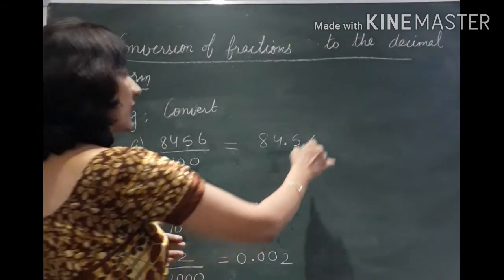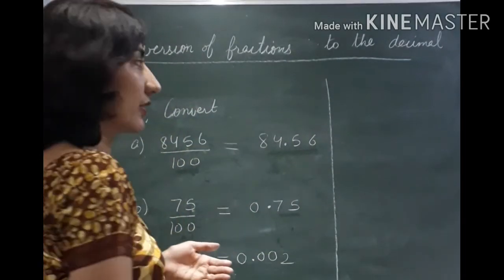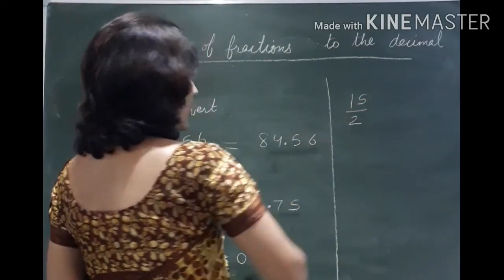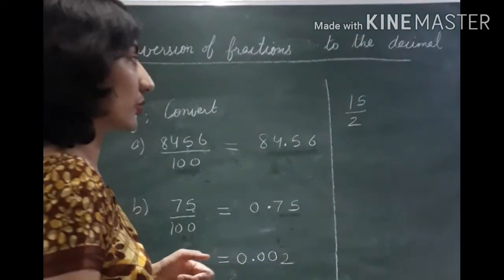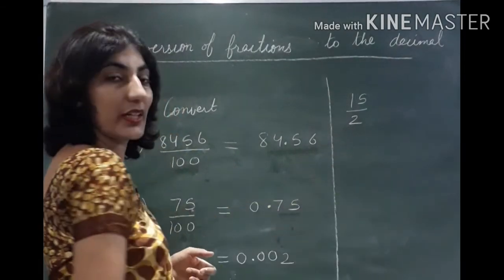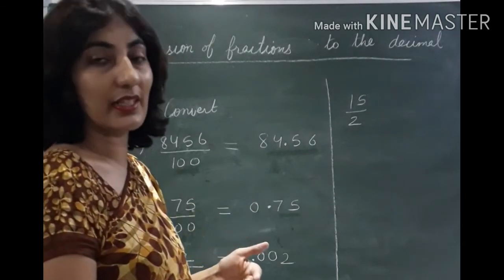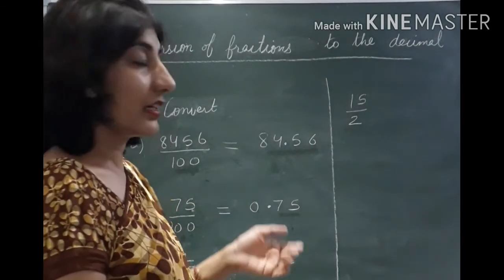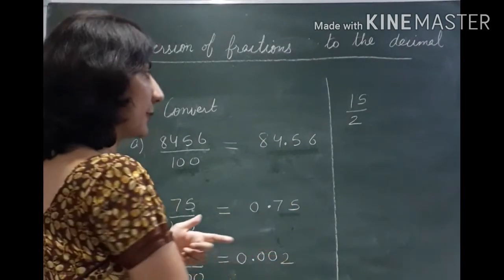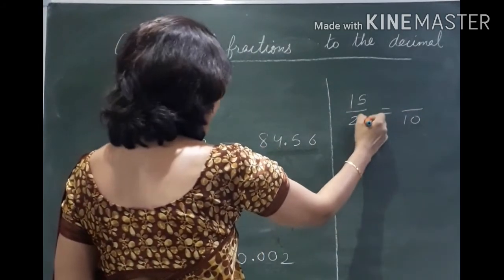Now these were the fractions in which the denominators were 10, 100 or 1000. Then some questions will come where the denominators are not 10, 100, 1000. How to do that? For that, let us take an example. I have 15 upon 2 and they ask me to convert it into a decimal. Now see here, I don't have 10 in the denominator, so I cannot put the decimal by counting the zeros. So I will try to make the denominator 10 by converting this fraction to an equivalent fraction with denominator 10. 2 should be multiplied by which number so that I get 10?